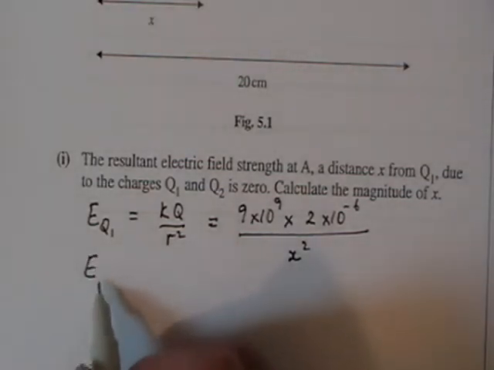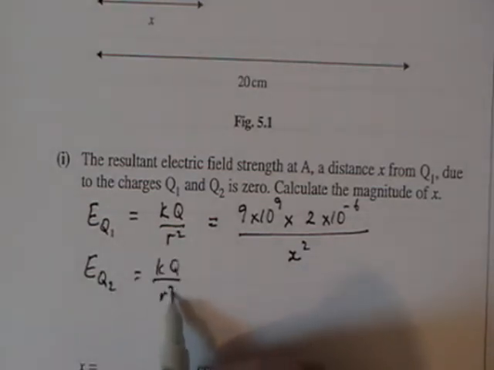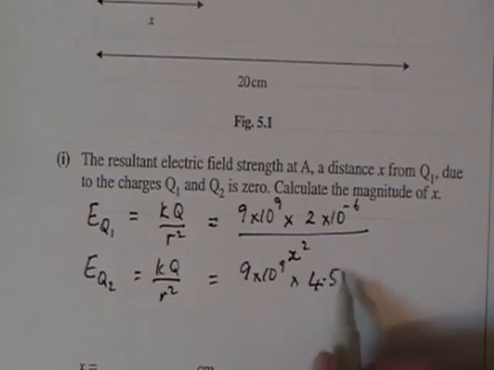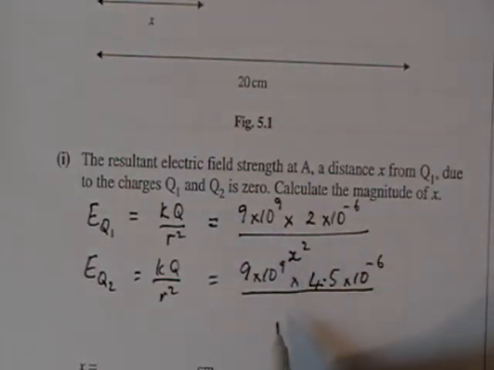The field strength due to Q2 is the same, K times Q over R squared, which in this case is 9 times 10 to the power of 9 times 4.5 times 10 to the minus 6, over the distance, which is 20 centimeters minus x, so 20 minus x all squared.